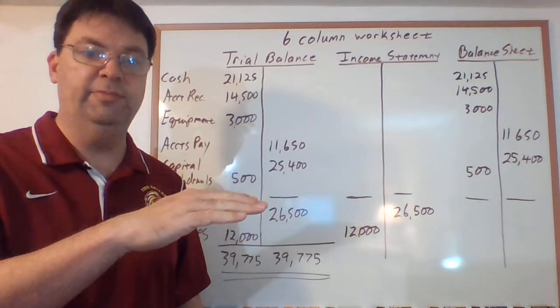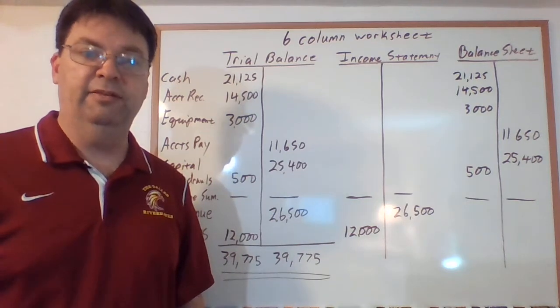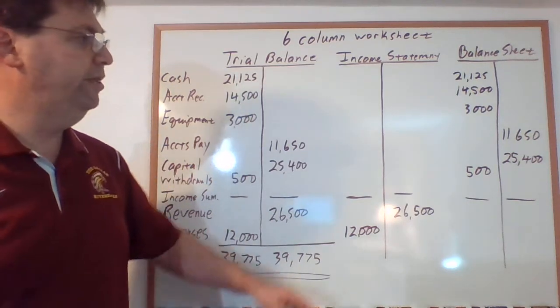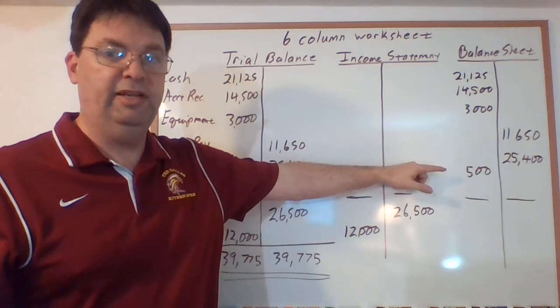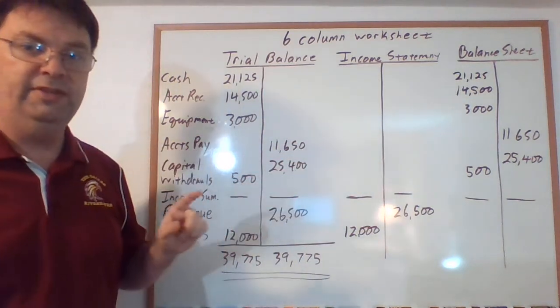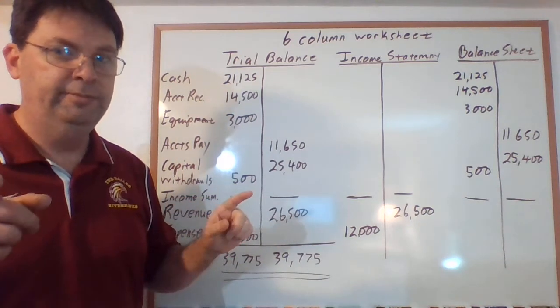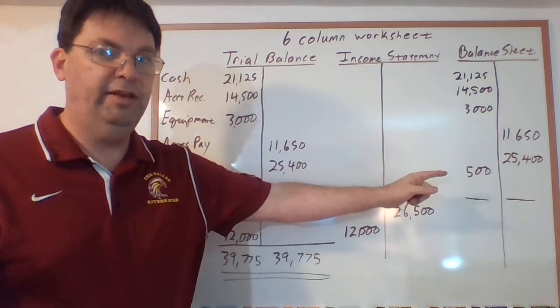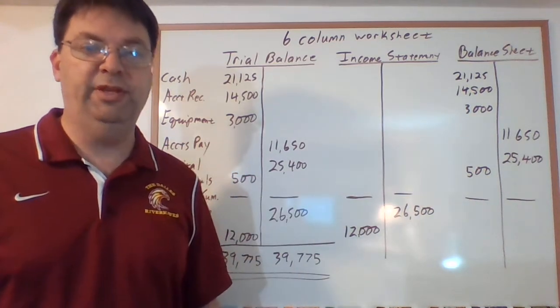Everything above the income summary, we'll get to that in later chapters, goes in there. Okay? So these are your more permanent accounts, or ones that are going to affect capital, like withdrawals. See, we've got withdrawals over here, which is a temporary account, but it ends up on the balance sheet. Okay? So that's something you want to keep in mind.